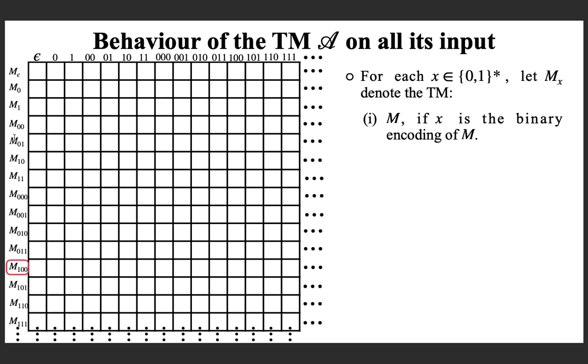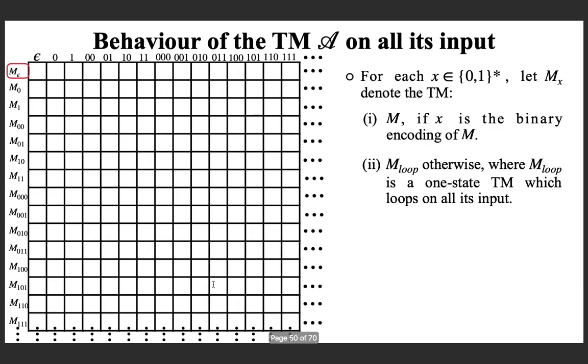What is Mx? What is M01 for a binary string 01? It represents a Turing machine M if X is the binary encoding of M. If X is a possible binary encoding for a Turing machine M, it is representing that machine.